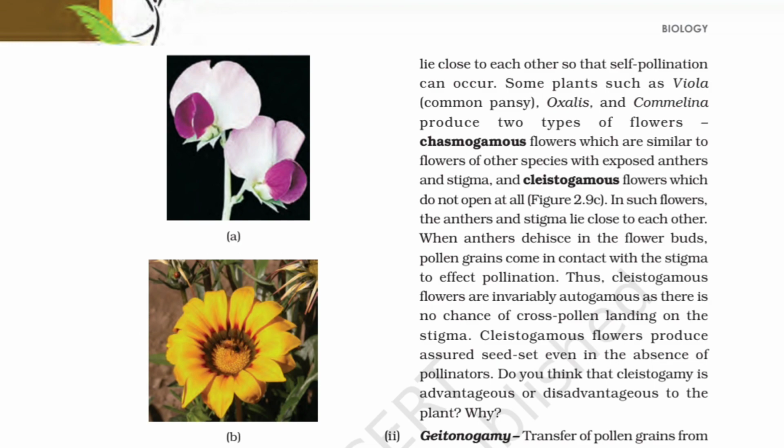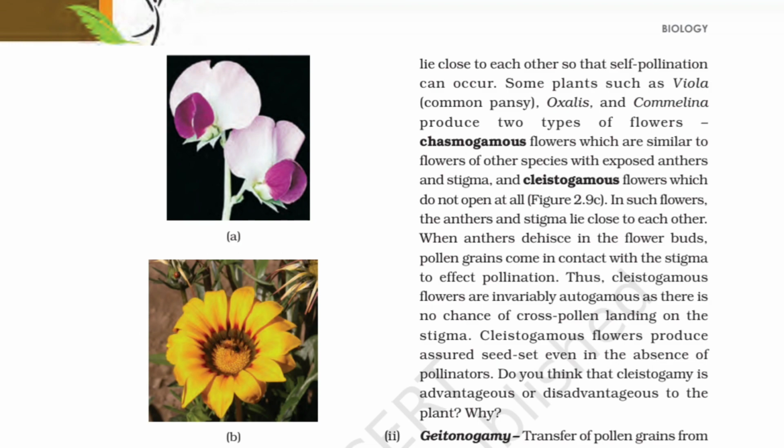When anthers dehisce in the flower buds, pollen grains come in contact with the stigma to effect pollination. Thus, cleistogamous flowers are invariably autogamous, as there is no chance of cross-pollen landing on the stigma. Cleistogamous flowers produce assured seed set even in the absence of pollinators.